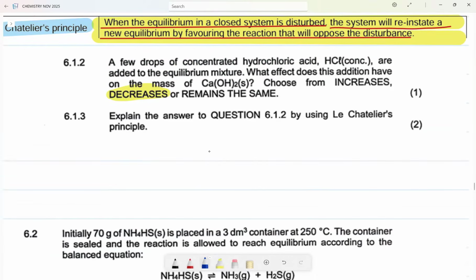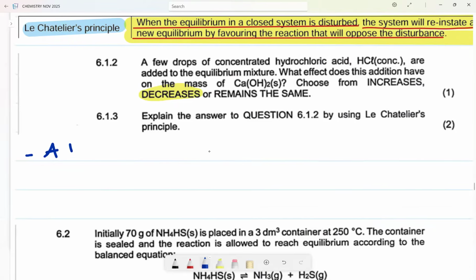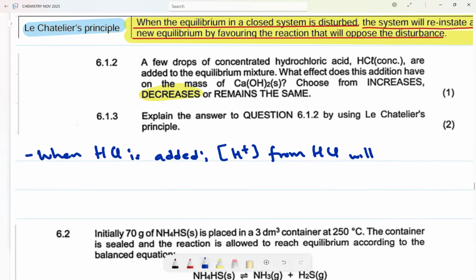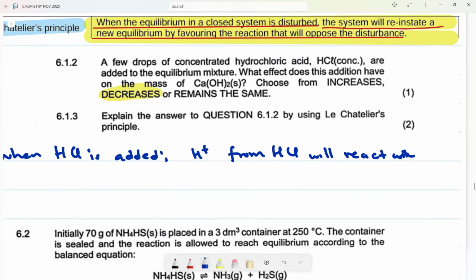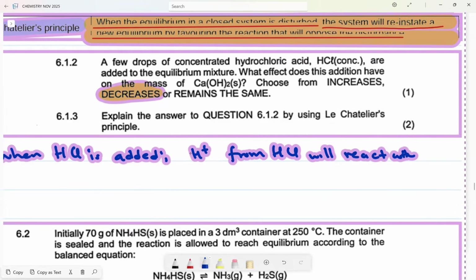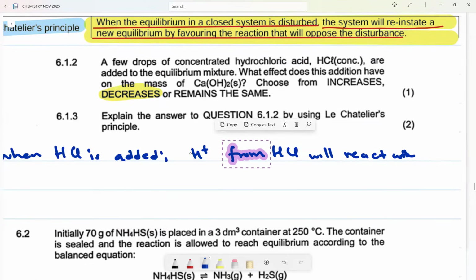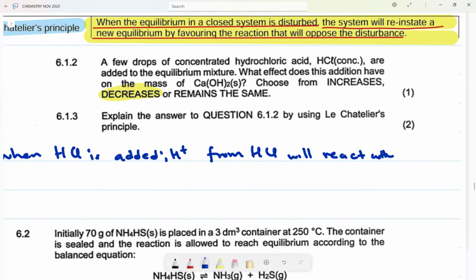Why? When we use Le Chatelier, we'll tell the examiner that when HCl is added, the H plus from HCl will react with OH minus to form water.